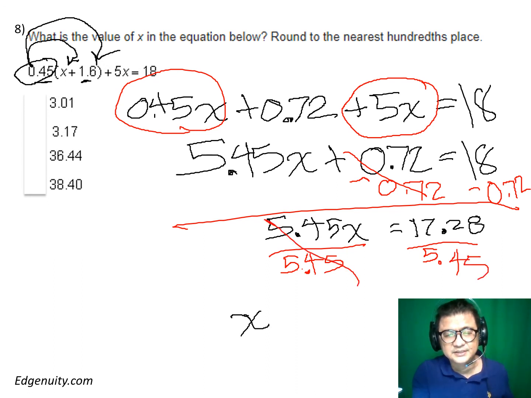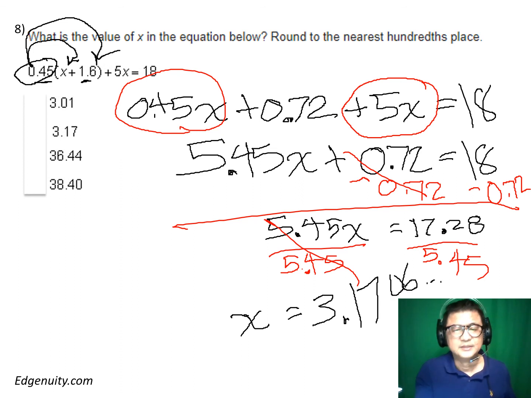So x is 17.28, calculator, divided by 5.45, you will get a long number, 3.1706 dot dot dot. So the rounded answer to the nearest hundredths is that one.